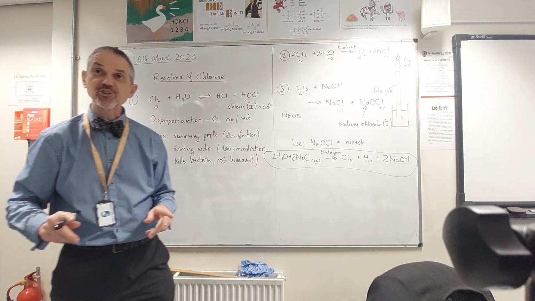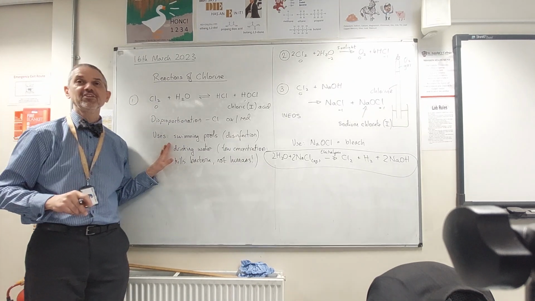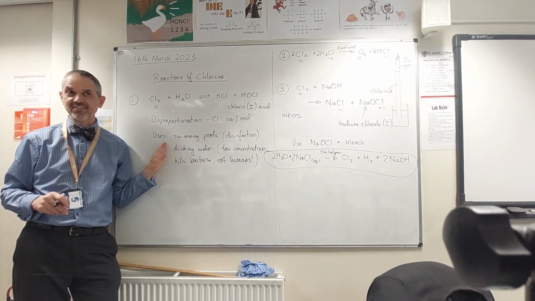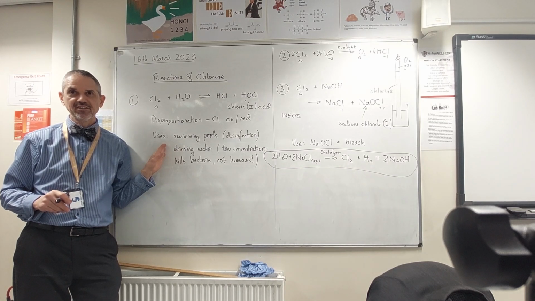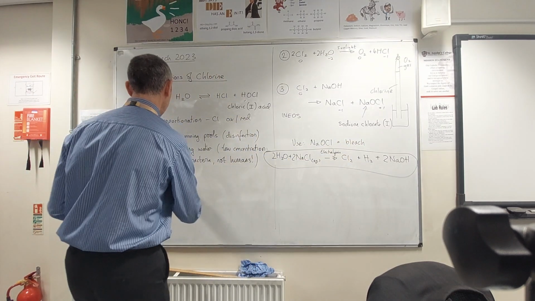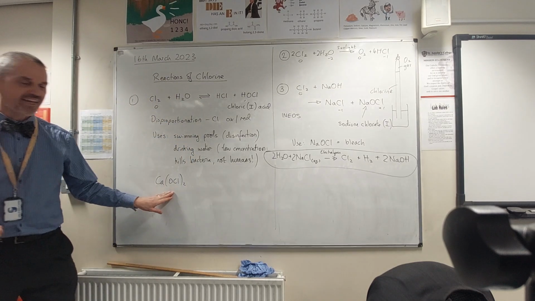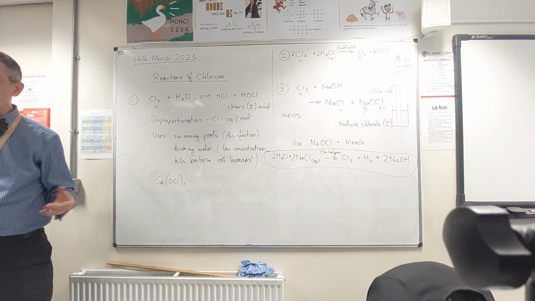And just while we're doing interesting facts, swimming pools do not have large cylinders of chlorine gas in the back room because of the danger of death that would cause. So instead of sodium chlorate, they use calcium chlorate, CaOCl2, which is a solid.